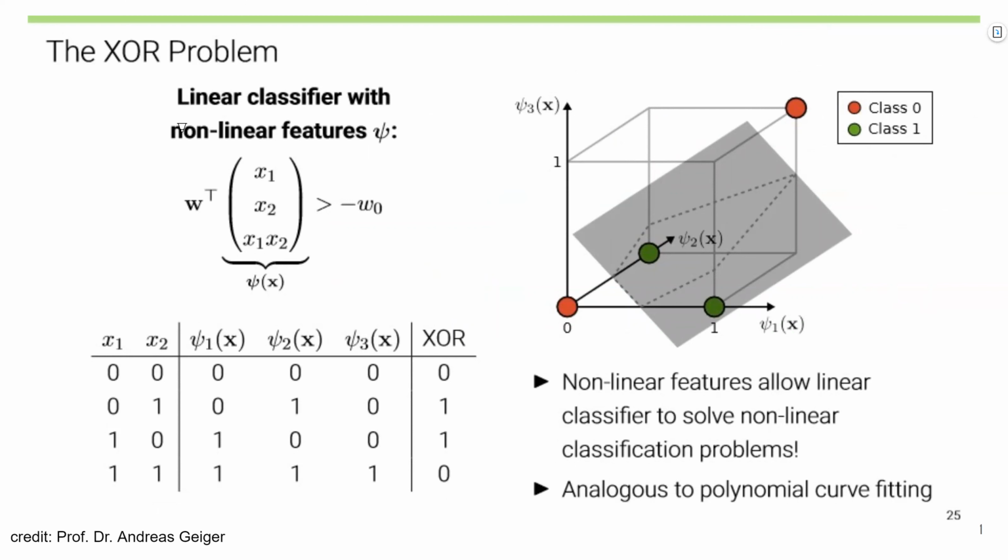So we can solve this XOR problem by combining or designing a nonlinear feature. Here, we can simply make x1·x2 as another feature that gets fed into our perceptron. As you can see here, rather than having two features, from these two features, we come up with another feature.